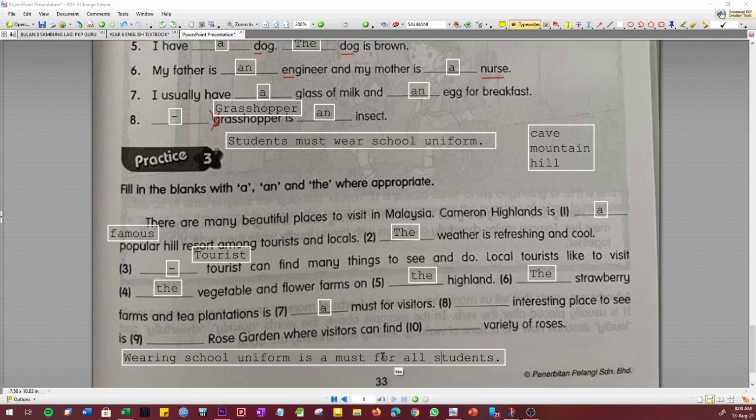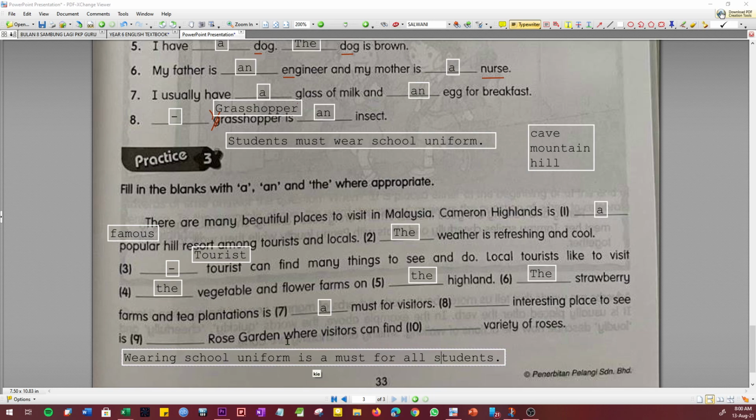Bagi. Tak mau masuk detail sangat. Ini sebenarnya adalah passive voice and active voice. Right? Ini kamu dah belajar dulu.